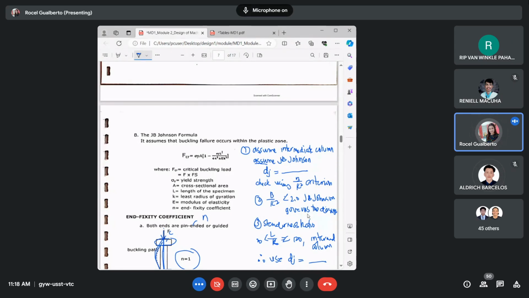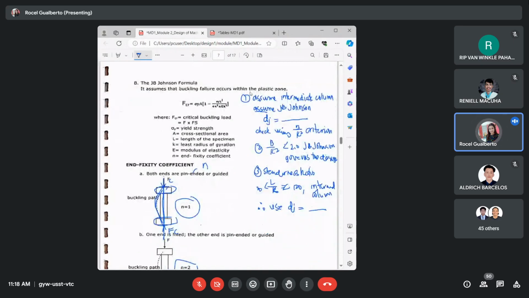Yes. Okay. Maggawa naman tayo ng yung isa pang posibleng mangyari. Hindi mo uli alam. So, you assume intermediate column, tapos assume JB Johnson. Meron ka naging sagot. You need to check using the B over K squared criterion.